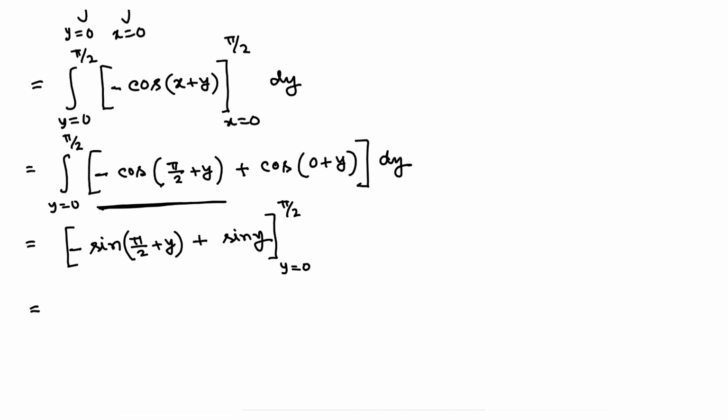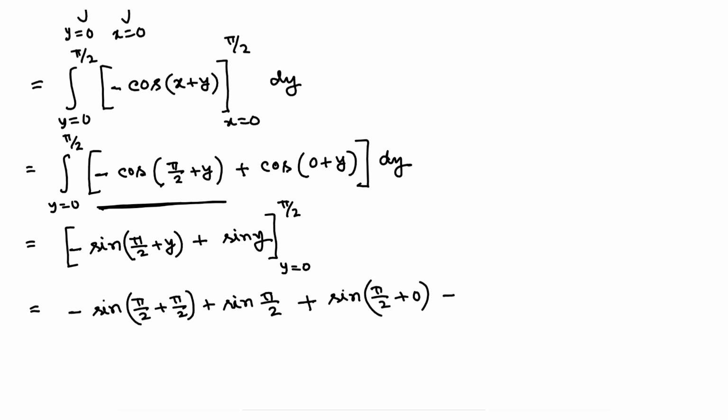So you are getting minus sin(pi by 2 plus pi by 2) plus sin(pi by 2), this is upper limit minus lower limit, so minus minus plus sin(pi by 2 plus 0) minus sin 0.